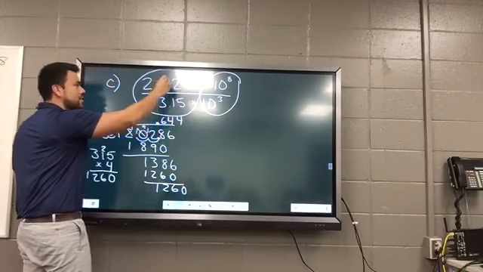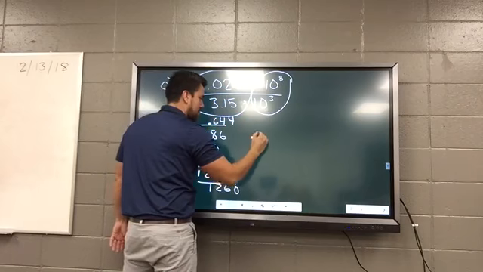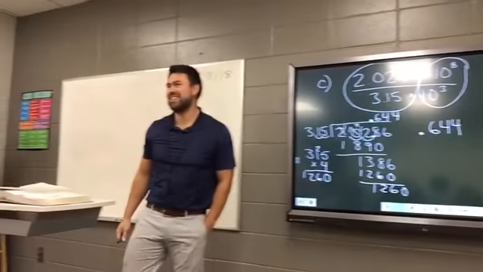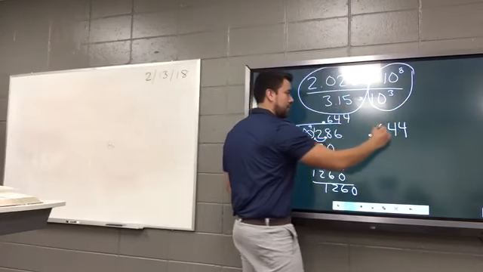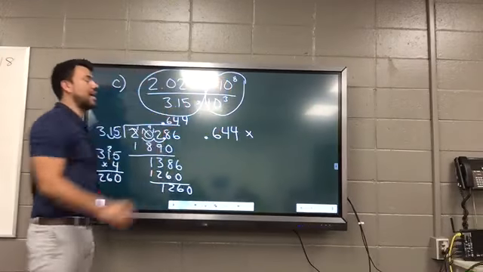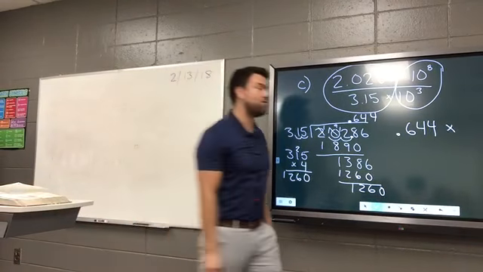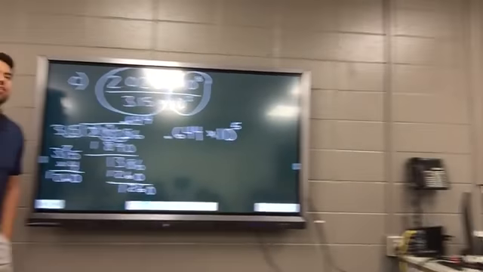So what's 2.0286 divided by 3.15? 0.644. I'm just taking it the way it was given in my answer. What's 10 to the 8th over 10 to the 3rd? 10 to the 5th. Yay, I have my answer.